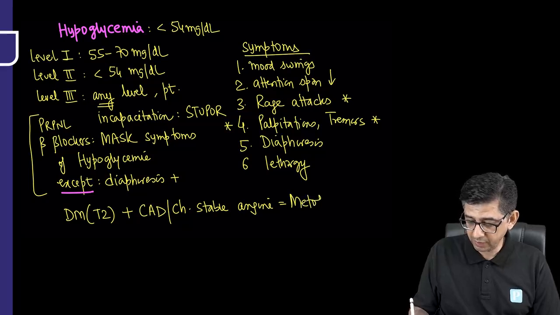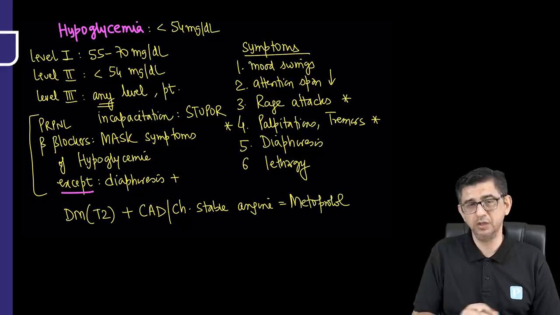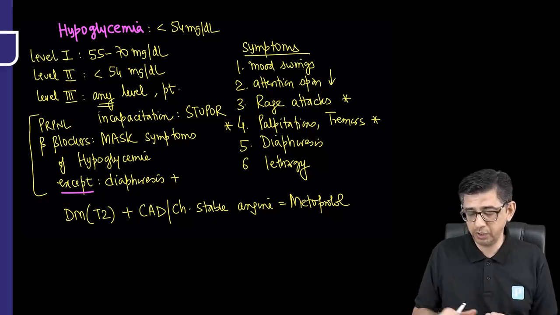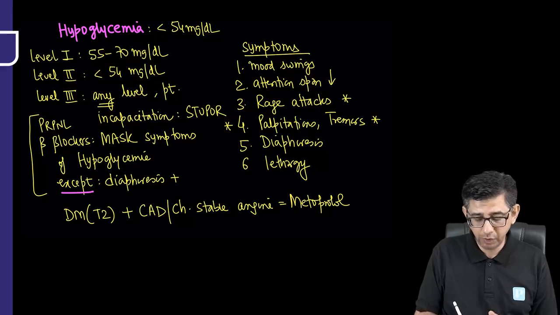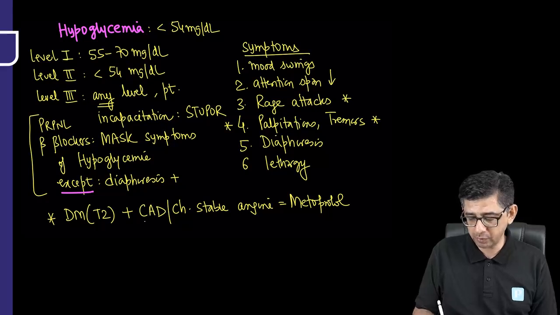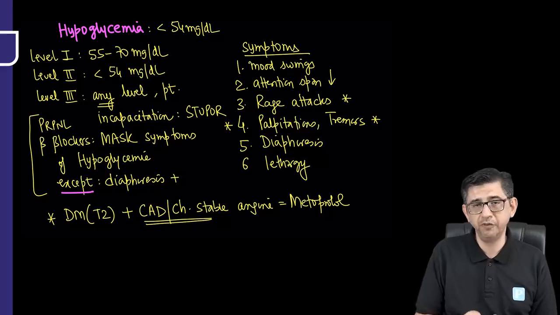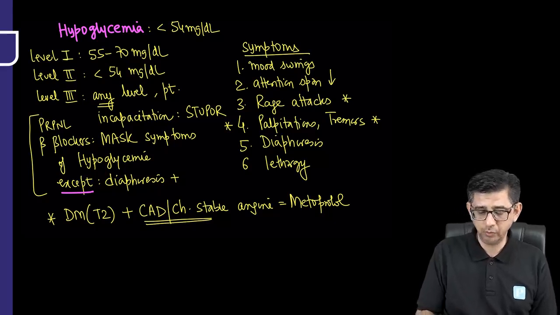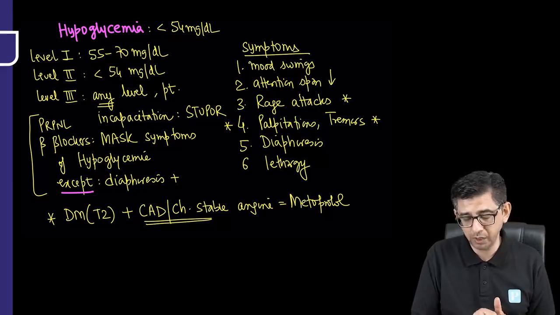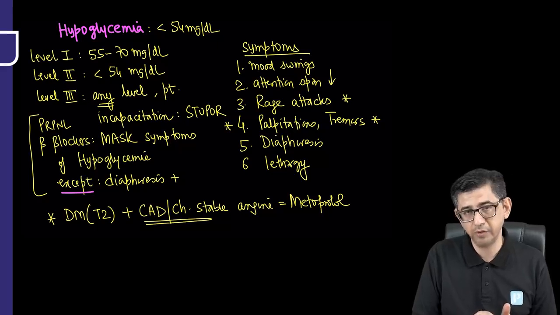If a person has 70% or more blockage in the artery, then the person will develop chest pain on exercise. So that's where the beta blocker role comes in. So we do give beta blockers to diabetic patients who have chronic stable angina or coronary artery disease. It's only for the sake of an MCQ that I would like you to remember that beta blockers mask the symptoms of hypoglycemia except the one by the name of diaphoresis.